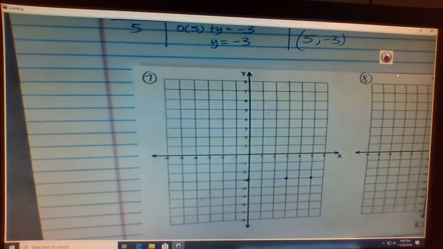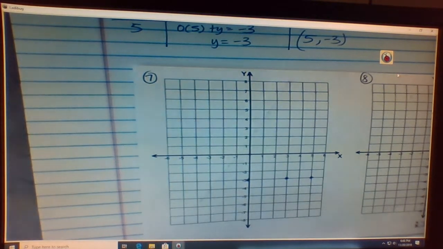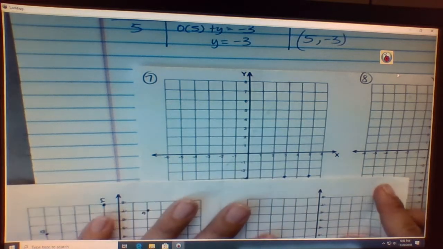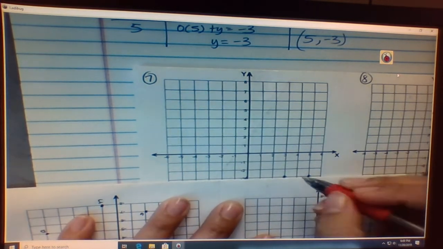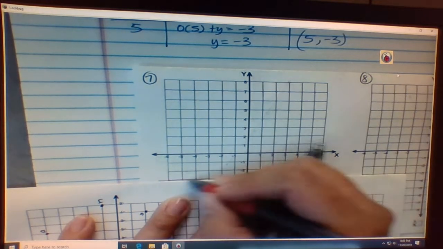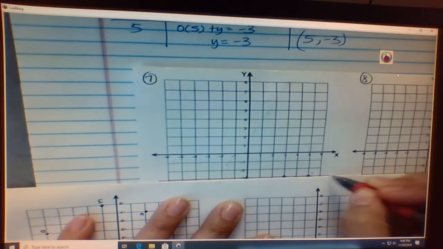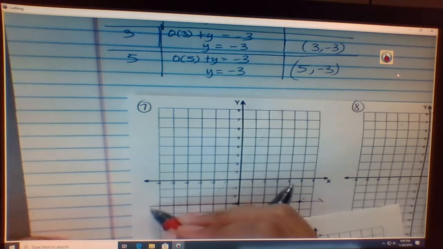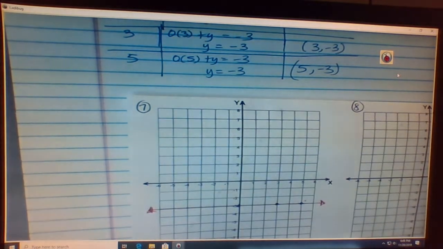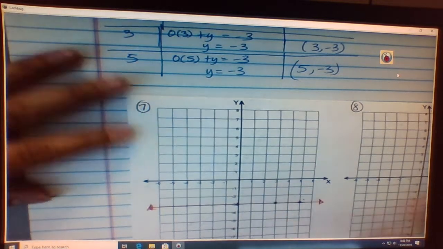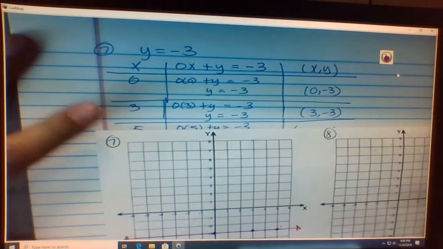What type of line do we have? It's a straight line, but what type of line? Because all lines are straight. It is a horizontal line. Very good. So this is a horizontal line because it is y equals negative 3.